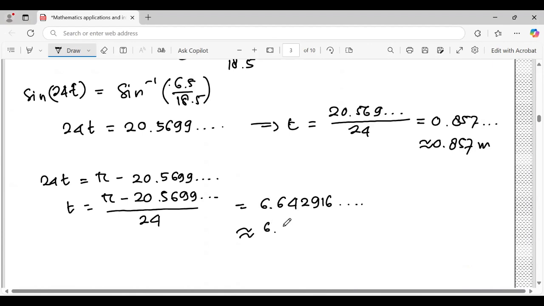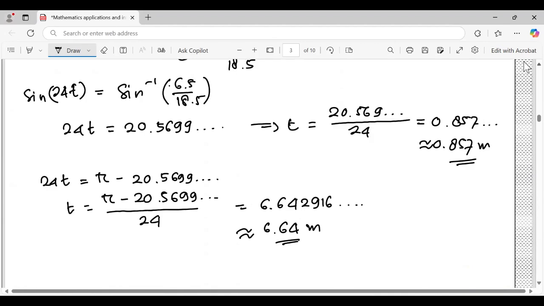Round off, 6.64 meters. So there are two values of t, this one and this one. So the ferris wheel will take 15 minutes to complete one revolution.